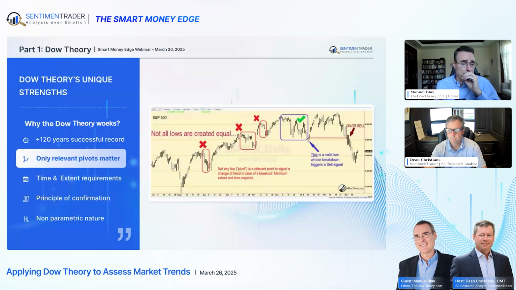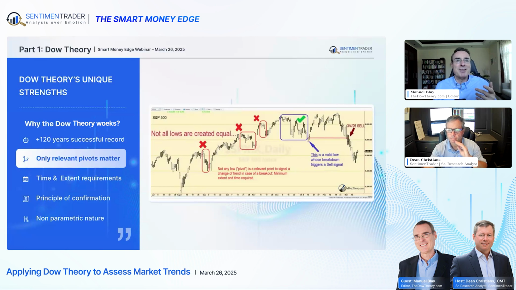And finally, another thing that makes the Dow Theory really unbelievable is its non-parametric nature. What do I mean by that? When you trade a moving average or a breakout system, you are bound to parameters. So you say, okay, 200 days moving average or 20 days breakout. But it has been studied that when you make your system dependent on a parameter, it is less reliable when looking forward.